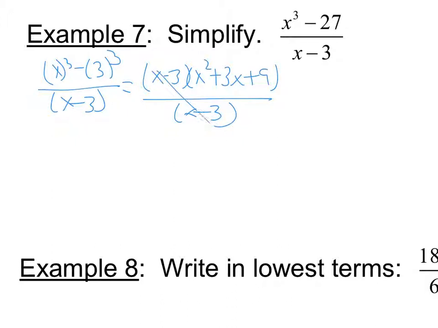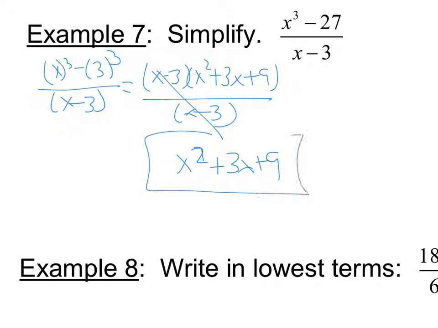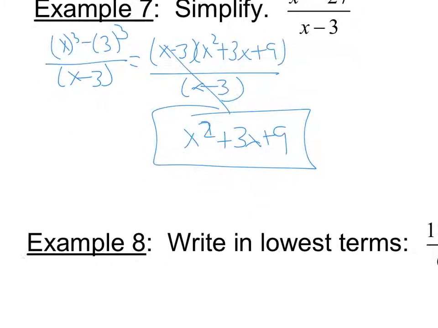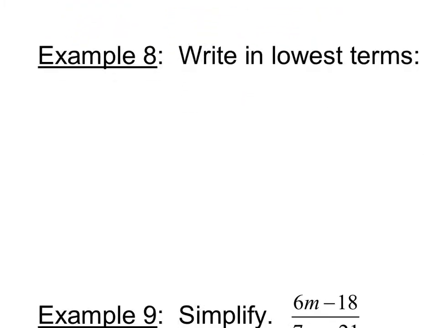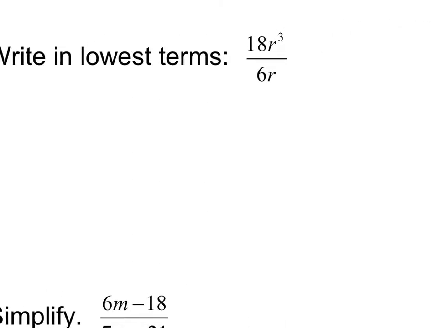See how the x minus 3's cancel, so you get x squared plus 3x plus 9. Okay? So it says write in lowest terms. So what can I simplify with the 18 and the 6? Well, they're both divisible by 3, so you'd get 9 over 2, and then the r squared on top.